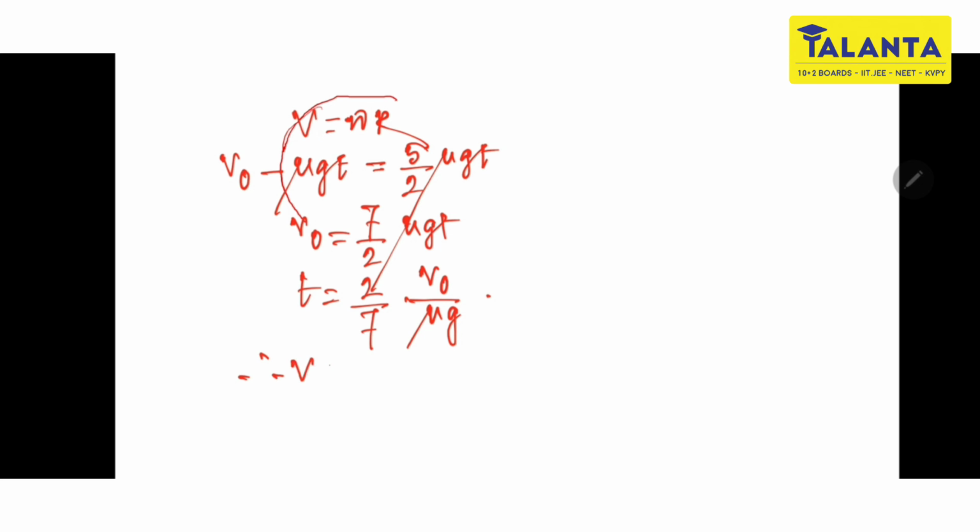Therefore, v equals v0 minus mu gt, that means v0 minus 2 by 7 v0, that is 5 by 7 v0. This is the velocity of the center of mass after pure rolling starts.